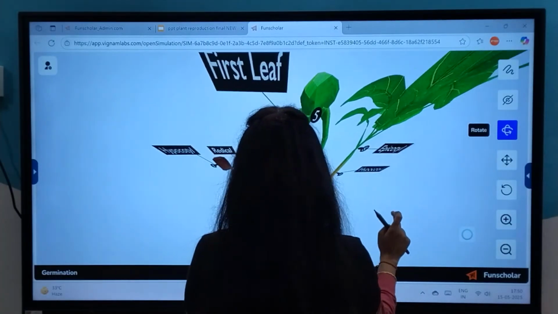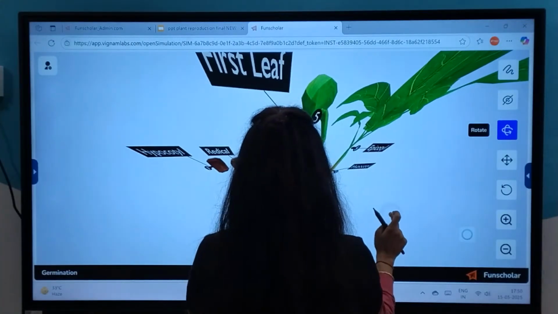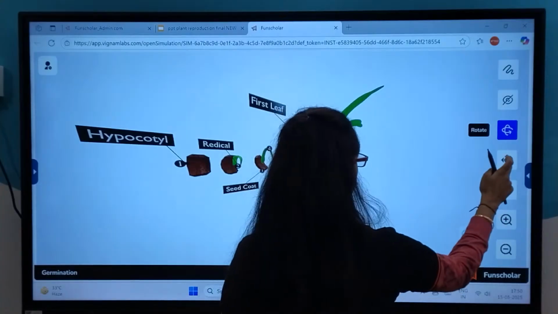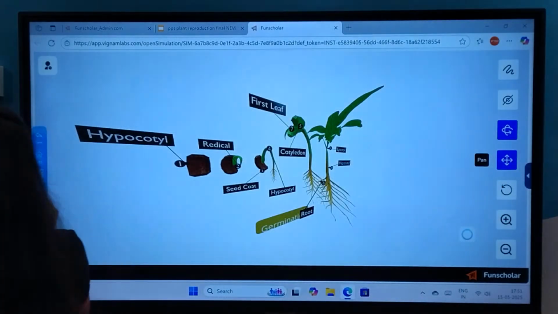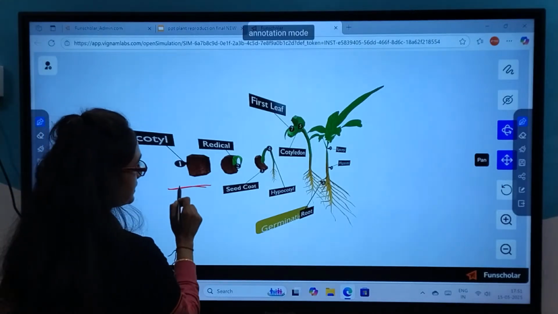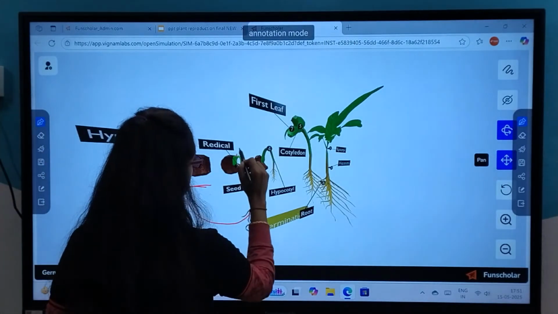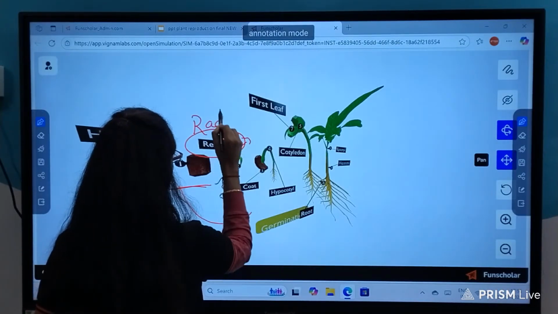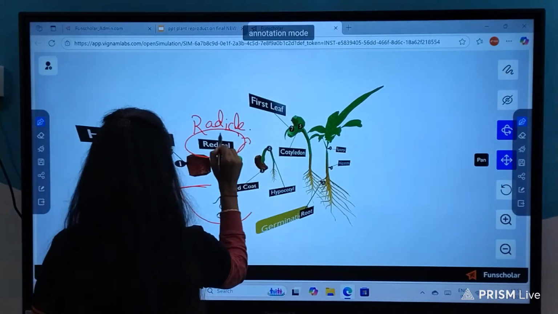See, this is a 3D structure of how germination is happening. See, this is a seed. From the seed, slowly, first, what is emerging? Radicle. The spelling is Radicle. Okay.